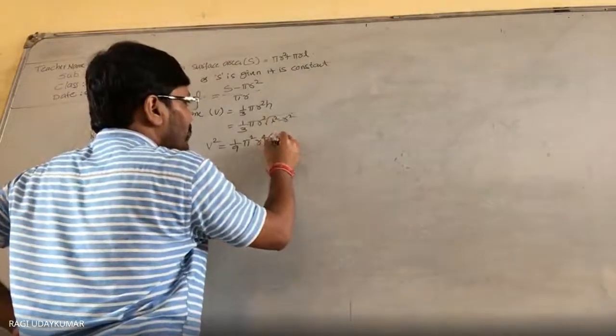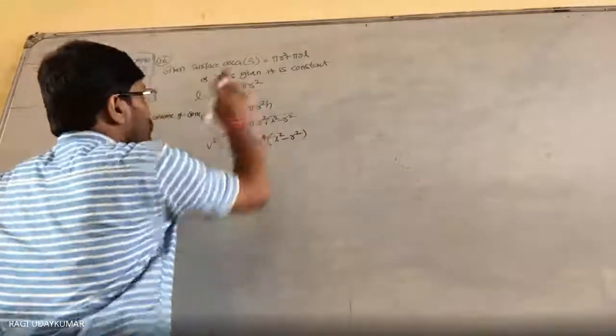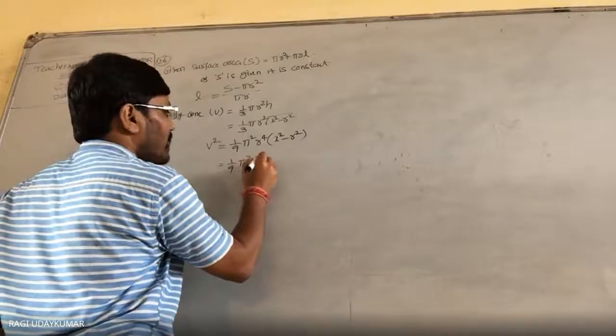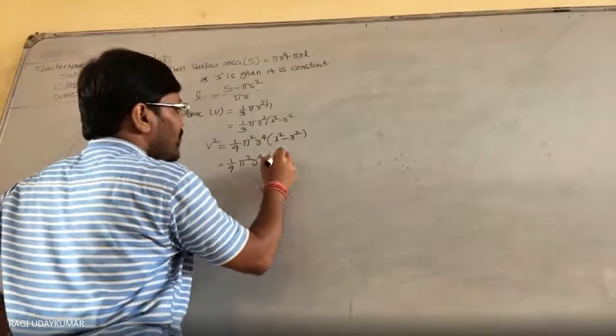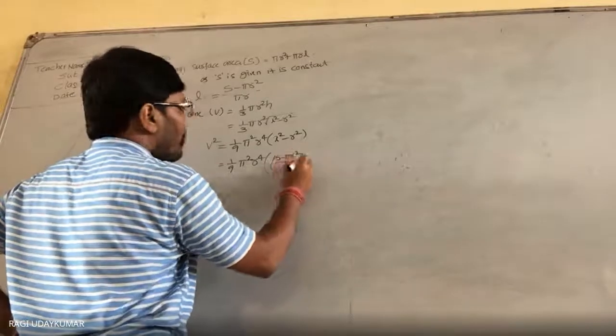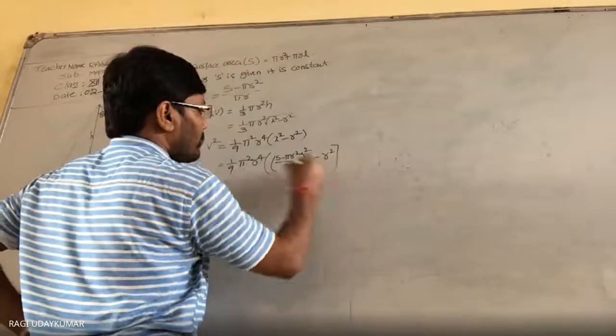L square minus r square. Now L is replaced with this. So what do you get? 1 by 9 pi square r power 4, L का place में s minus pi r square by pi r whole square minus r square.